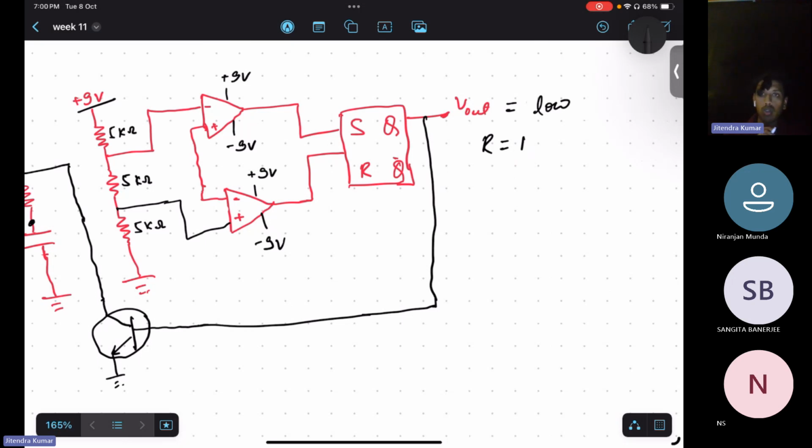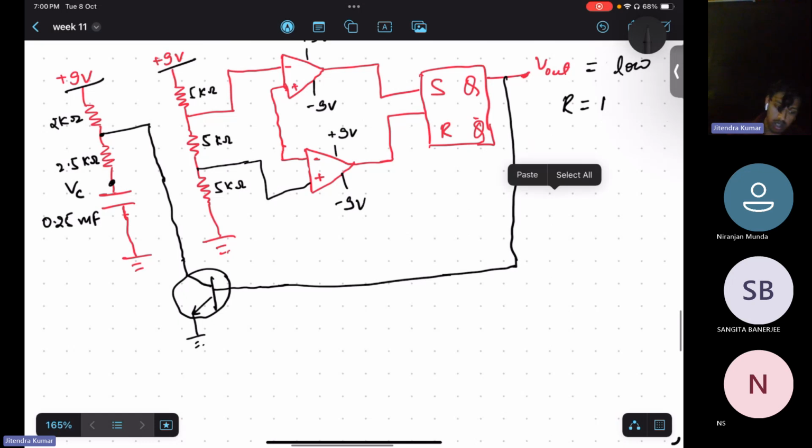Okay, so what will happen in that scenario? That output will go here, it is low, which means our transistor will be off.